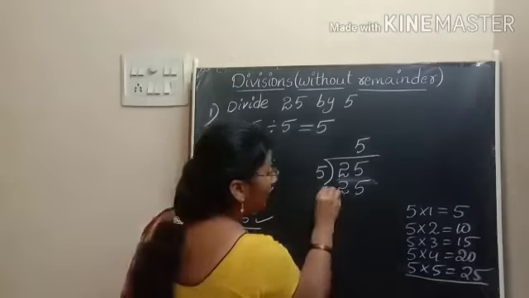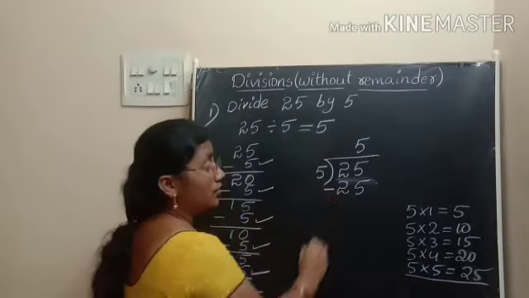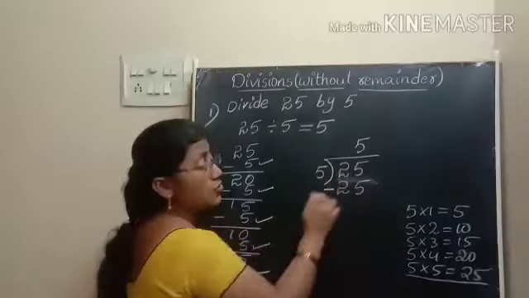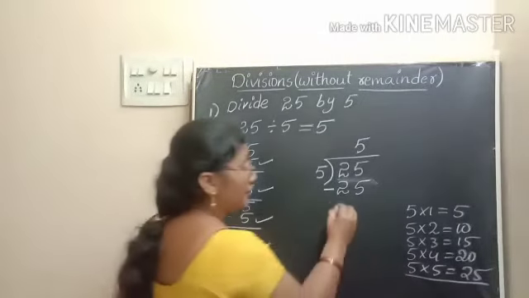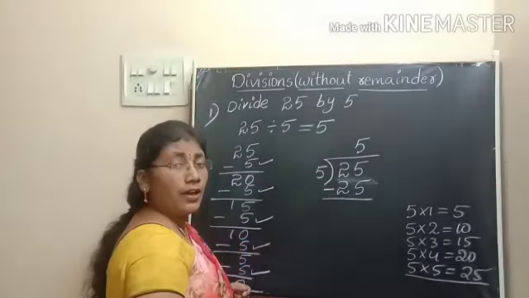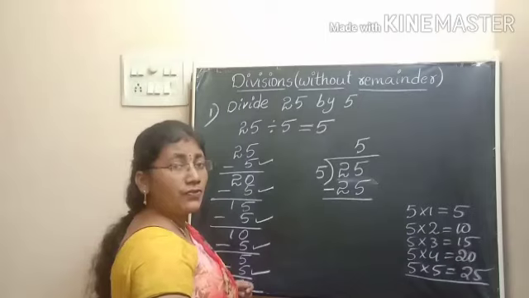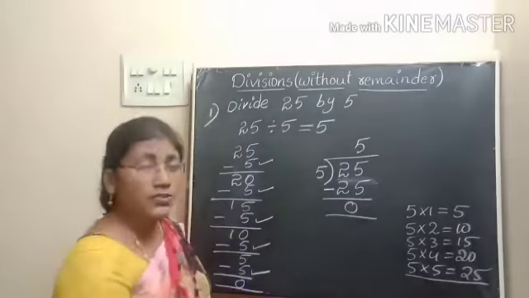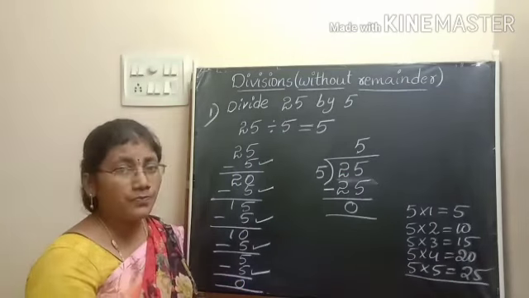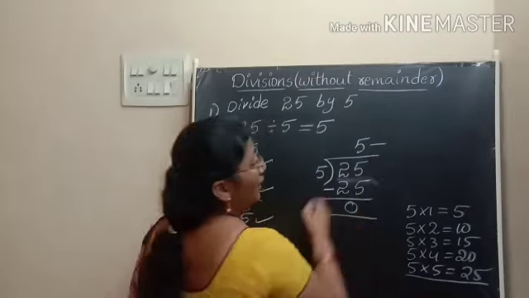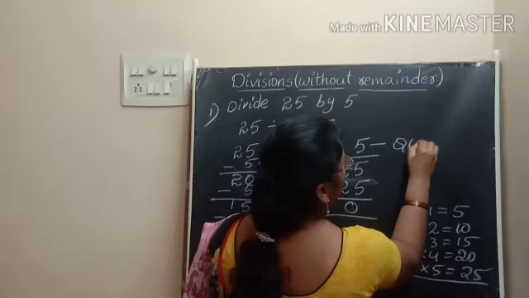Now we should take subtraction between these two lines. 25 minus 25 is 0. So, look here. 5 is called coefficient.